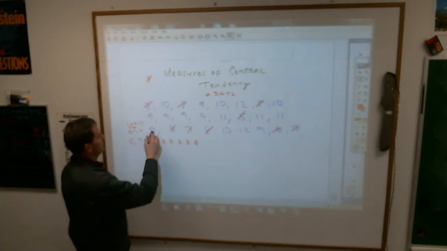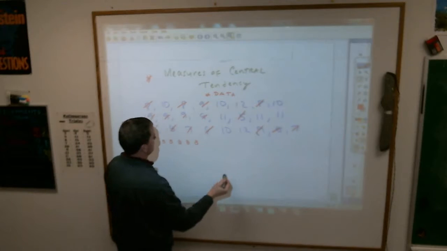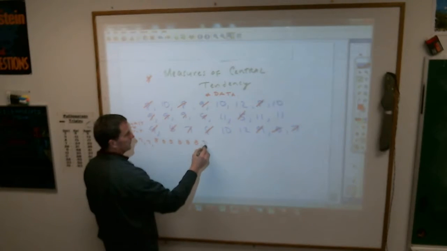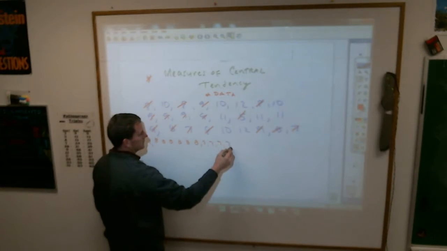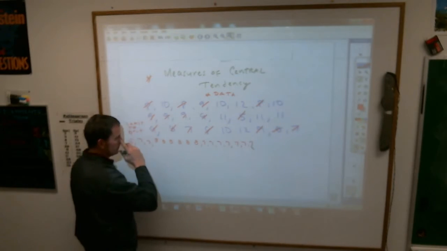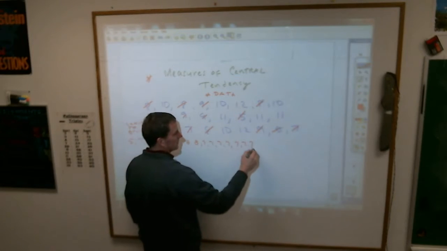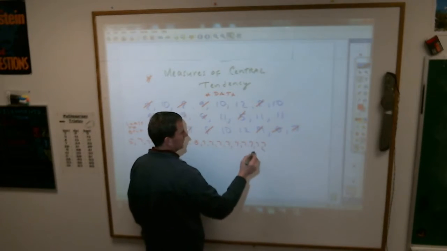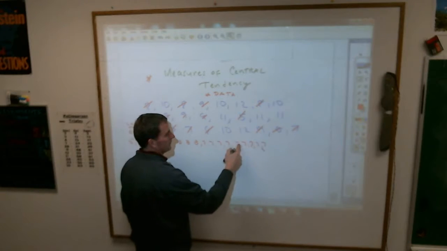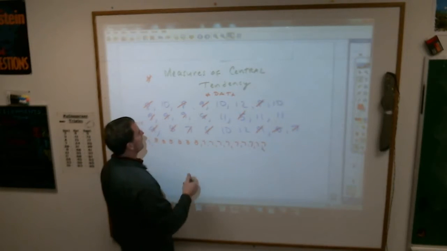How many 9s? 1, 2, 3, 4, 5, 6, 7. There are 7 9s. Is that it right there? 1, 2, 3, 4, 5, 6, 7.